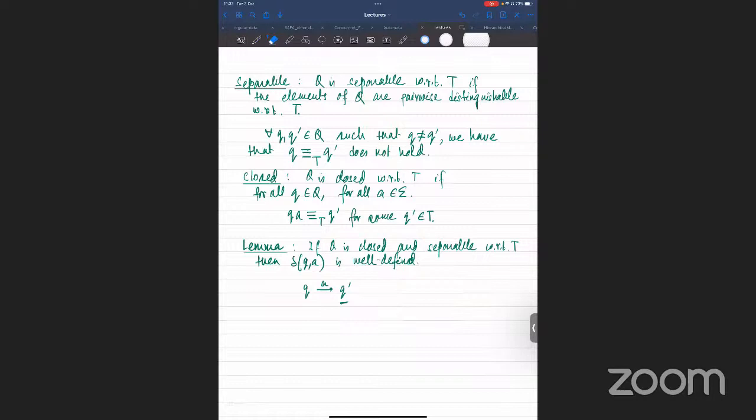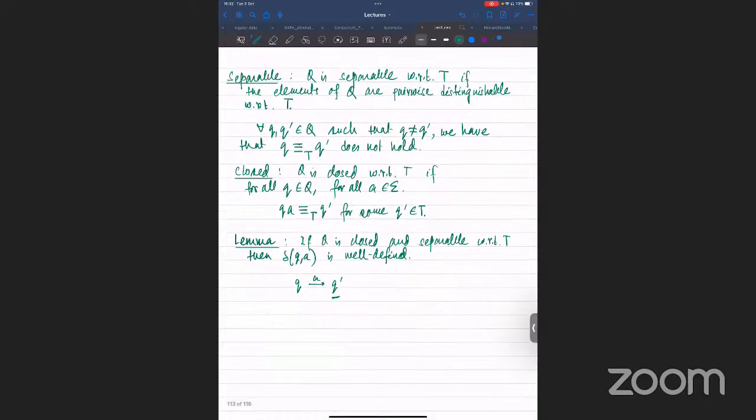So this lemma leads us to the construction of our hypothesis DFA H, which is of the form Q, sigma, delta, epsilon.